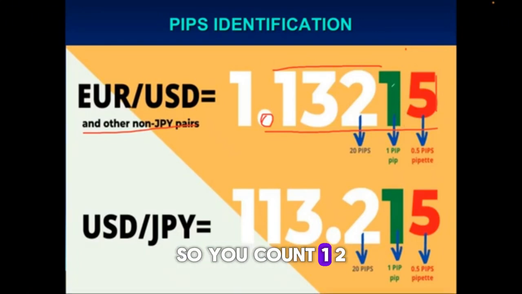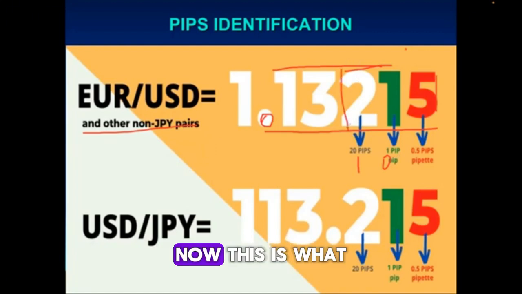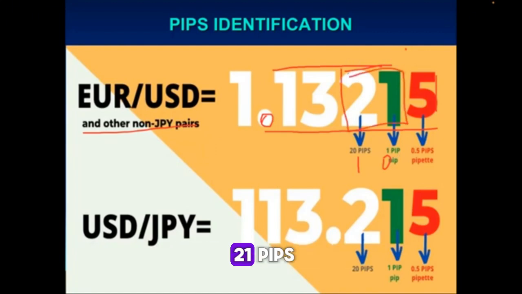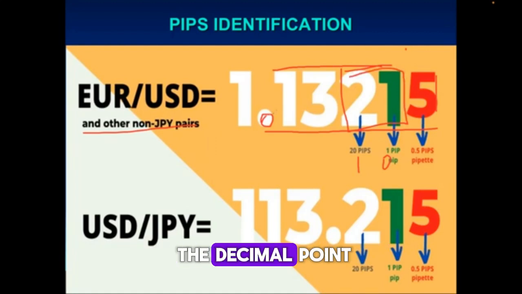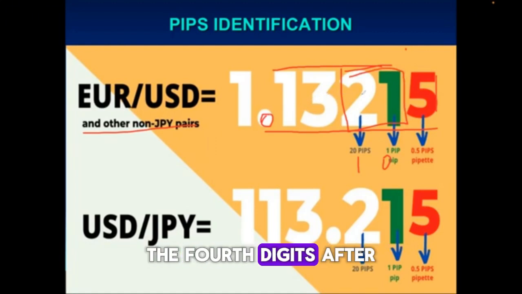So you count 1, 2, 3, 4, 5, 6, 7, 8, 9. When it comes to 10, it comes here. So between this 1 and this 0, we can say this is 10 pips. But this that you are seeing here now is 21 pips. Remember, I counted from the 4th digit after the decimal point. That's where you begin to count.